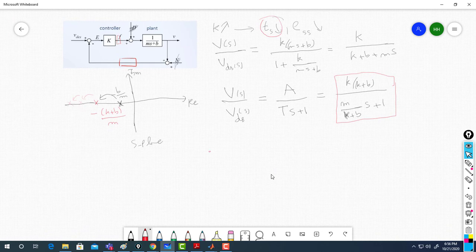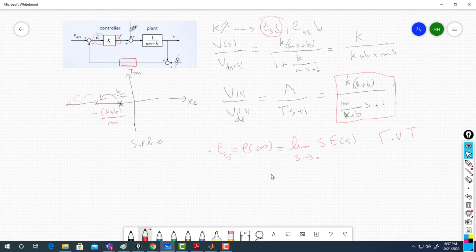So now I'm talking about steady state error. E steady state, which is E infinity, the error at infinity, is the limit as s tends to 0 of s E of s, if I want to use the final value theorem.